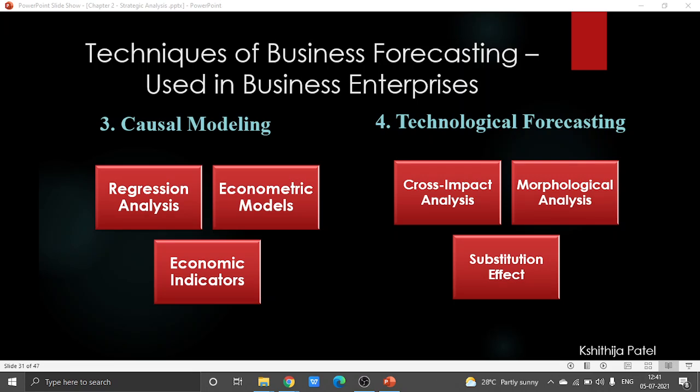Then we have substitution effect. This technique assumes that one technology which shows a relative improvement in performance over the older technology will ultimately be substituted for the one with a lower performance. That is how it normally happens. Whichever is least performing shall be replaced by the ones which are better performing in comparison.